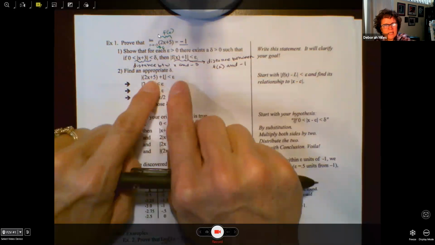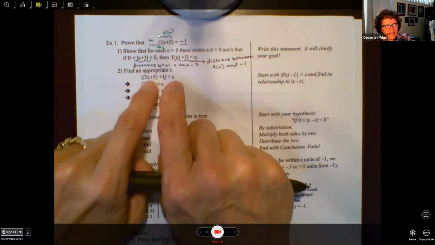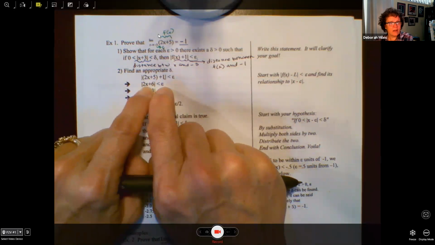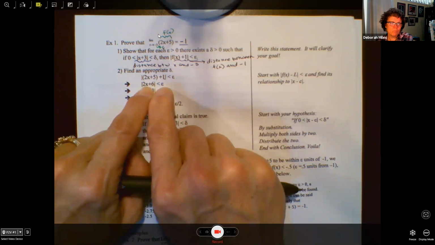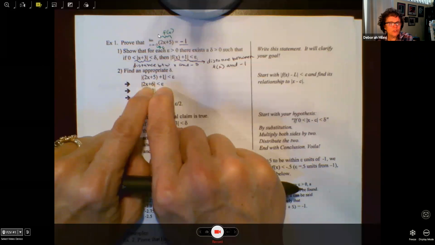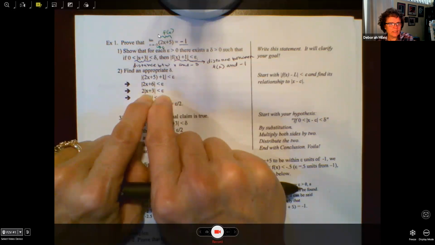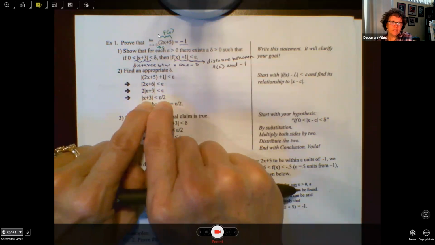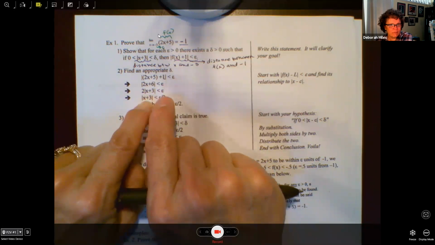We're going to say if that has to be less than epsilon, then I can combine like terms and say that'll have to be less than epsilon. I can factor out a 2 and say, well, that'll have to be less than epsilon. I can divide both sides by 2 and say, well, then that'll have to be less than 1/2 of epsilon.